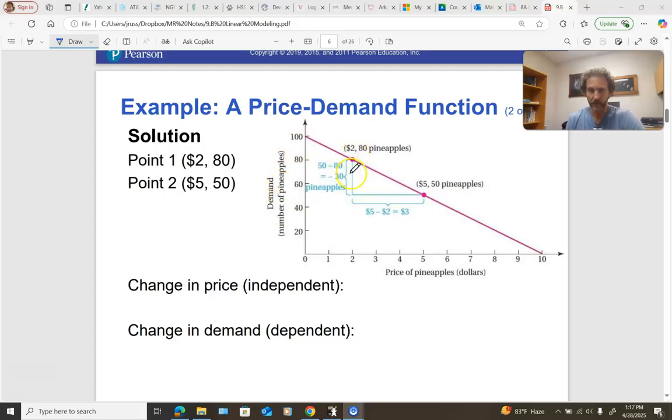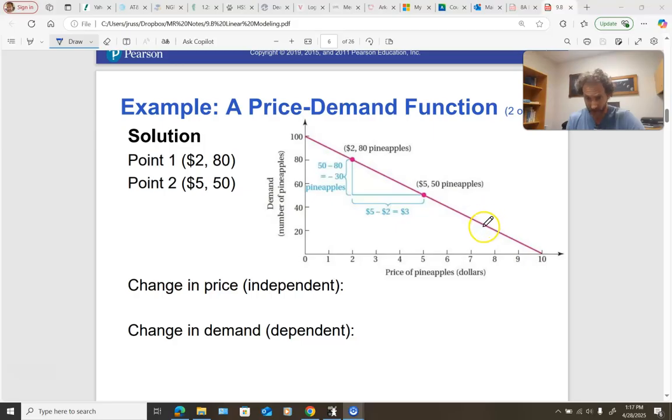So when you price your pineapples for $2, you can sell 80 of them. And then when you price them at $5, you can only sell 50 of them. So with these 2 points, we can draw this line through there. And so this line is a model. It represents how the change in price will affect the change in number of pineapples sold.